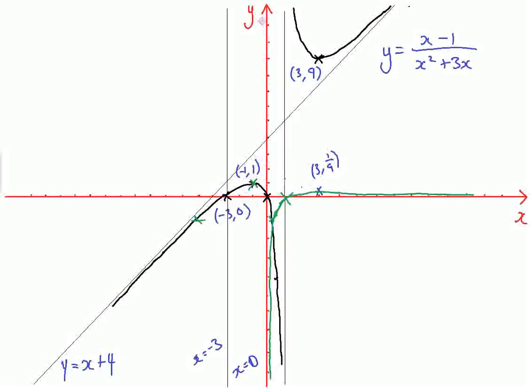It comes down from infinity, it touches here, and then it shoots up towards infinity again at negative 3. So it's going to look something like that.